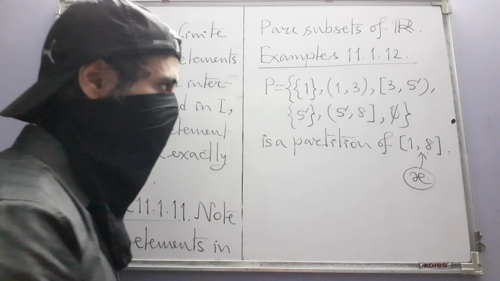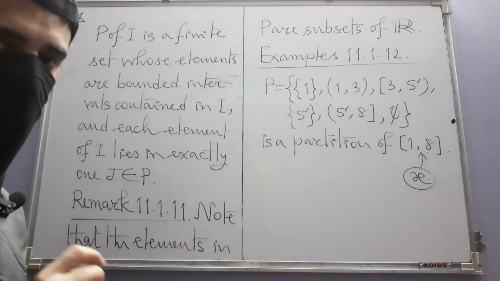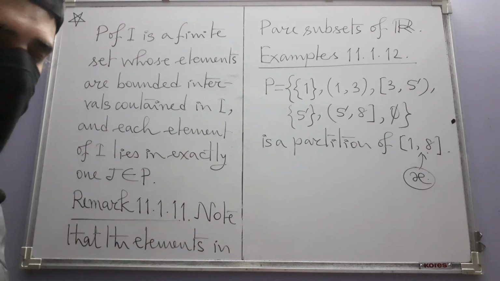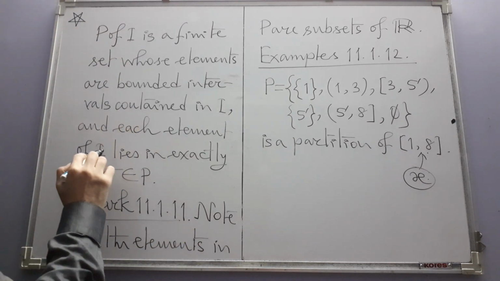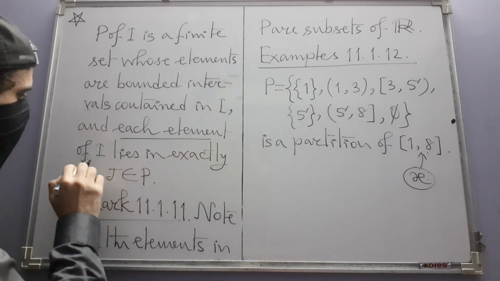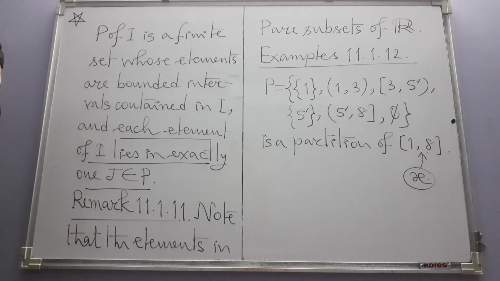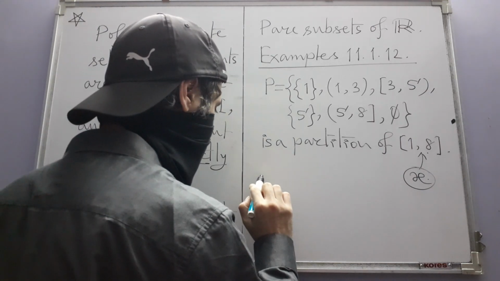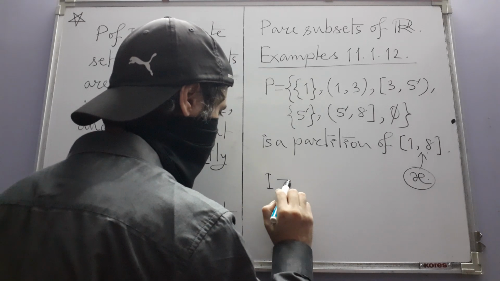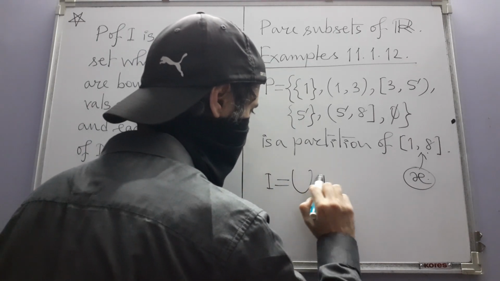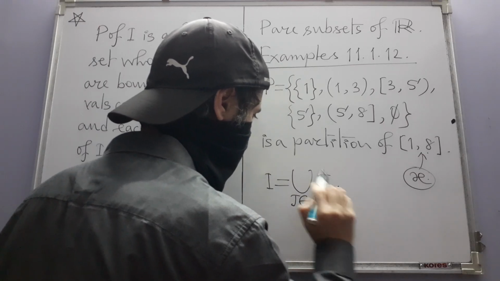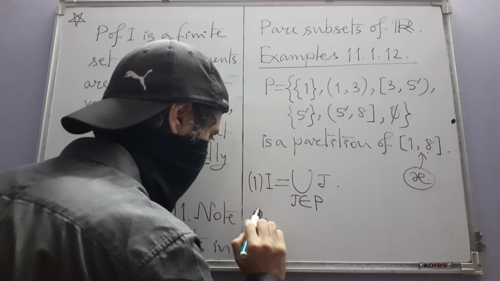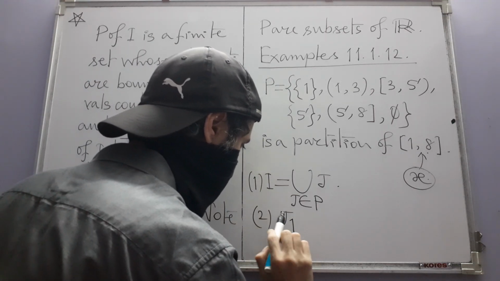You take any two of these 6 intervals, distinct, and take their intersection, that should be empty. So they should be mutually disjoint. So this last part of the definition, that each element of I lies in exactly one J in P, is, instead of this, one could also say that I is equal to the union of the elements in P. So this is one condition, and the second condition is this.